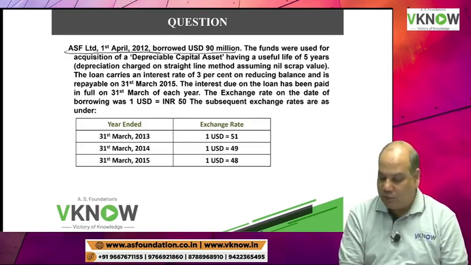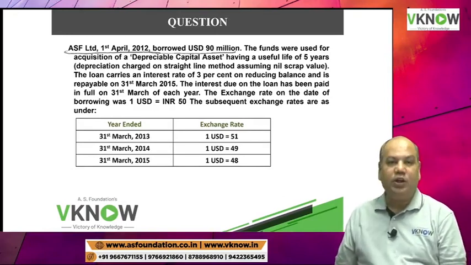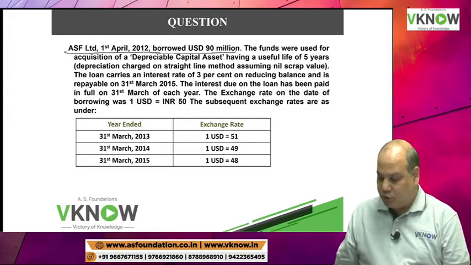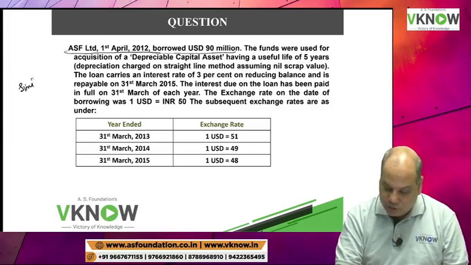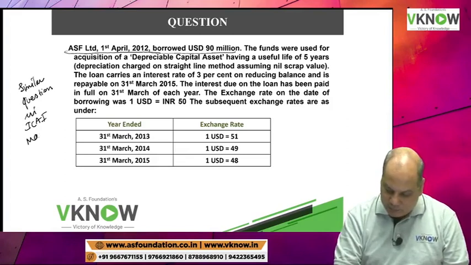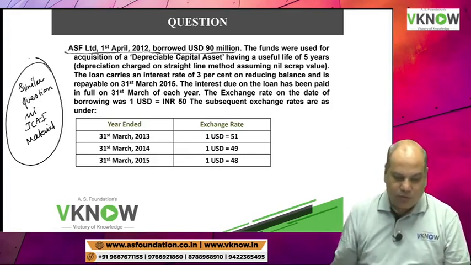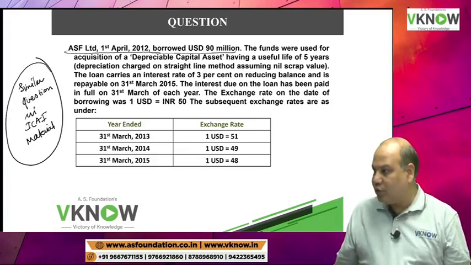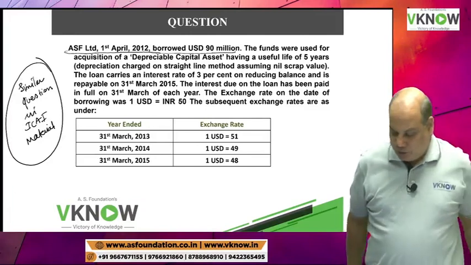ASF Limited on 1st April 2012 borrowed USD 90 million. There is a similar question in the institute's material, but this is much better. This is a little more advanced than that. Once you can solve it, you can solve any similar question on para 46A.